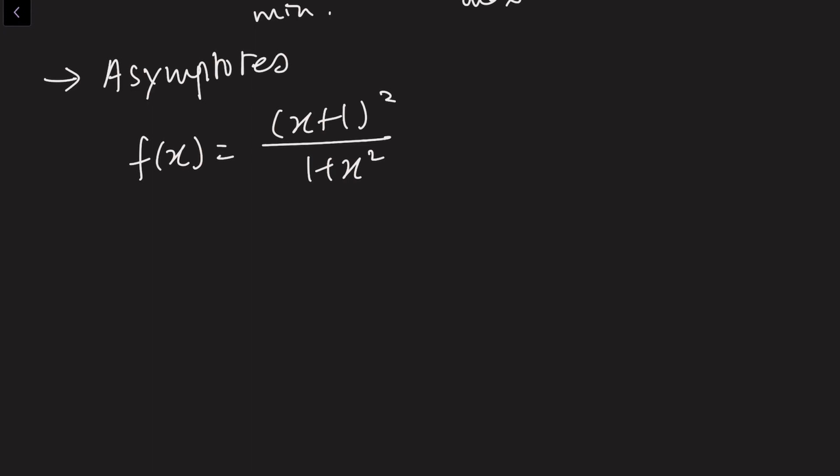We test for vertical asymptotes. We know that we don't have any vertical asymptotes, because just now we already said that we don't have any x values that will give us a denominator equal to 0. So we will directly test for our horizontal asymptotes.